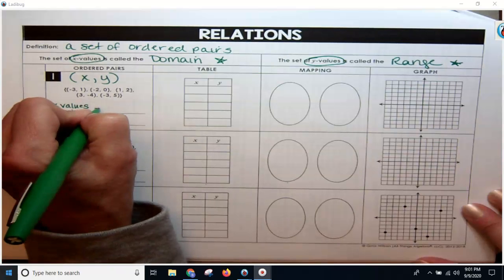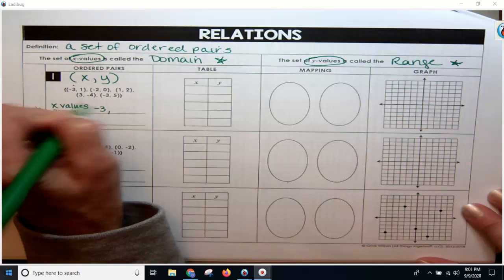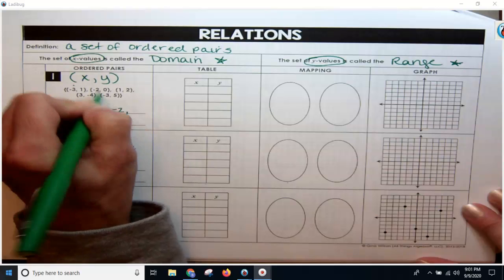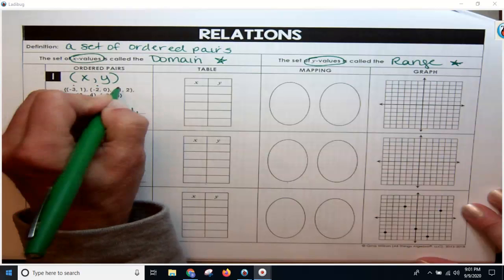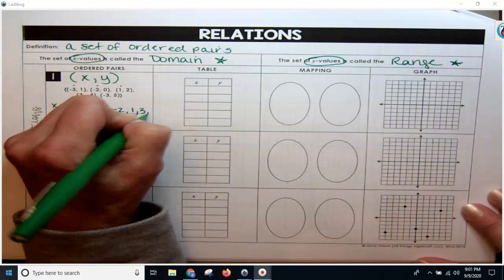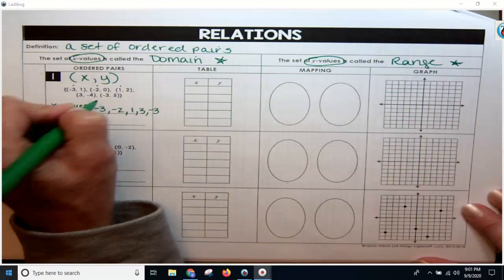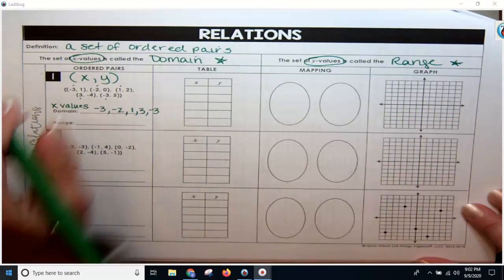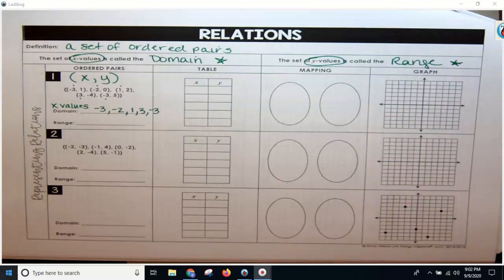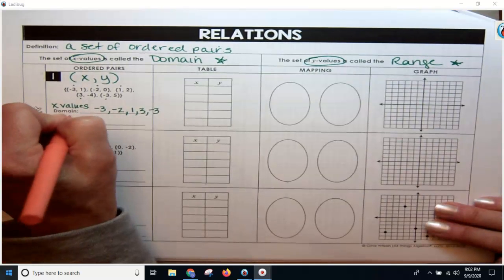So the first number is -3 right here, then -2 right here, 1, 3, and -3 again.